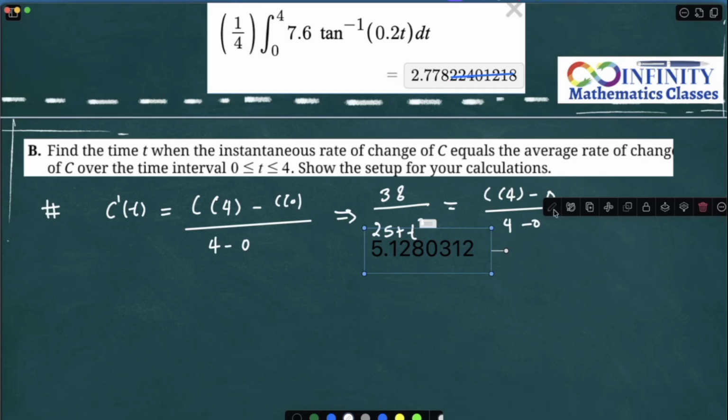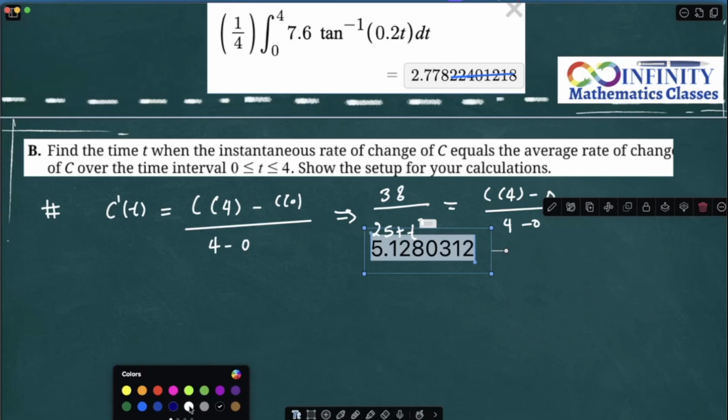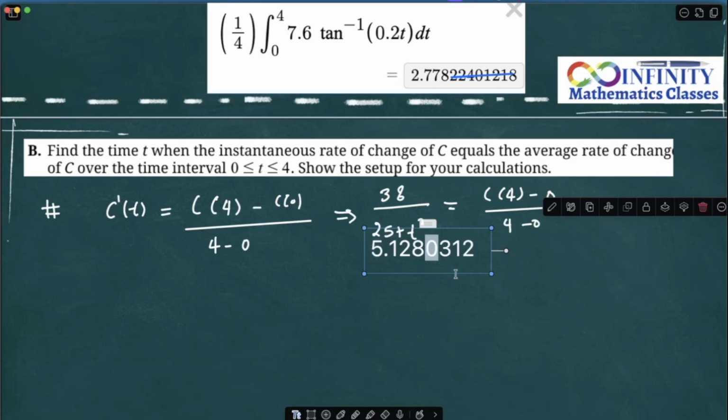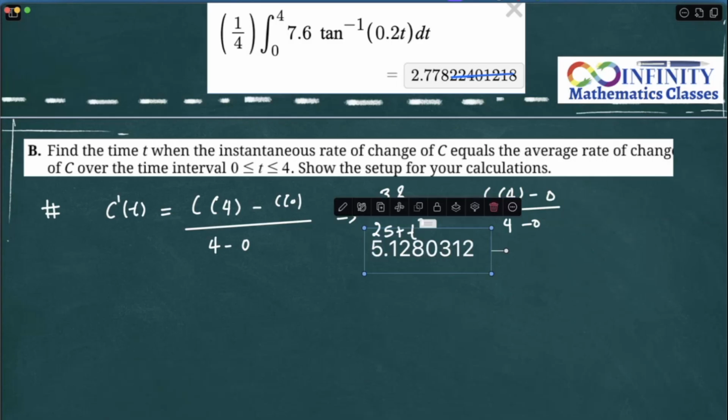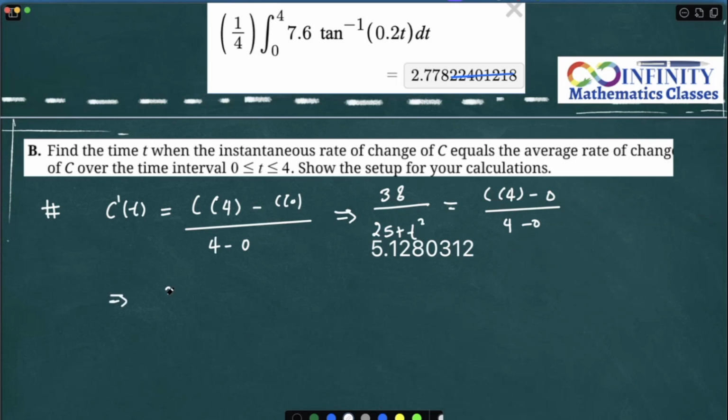Let me just change the color. So this is the value you have obtained. Let me just use this value. This is going to be 38 divided by 25 plus t square equals 5.1280312 divided by 4.